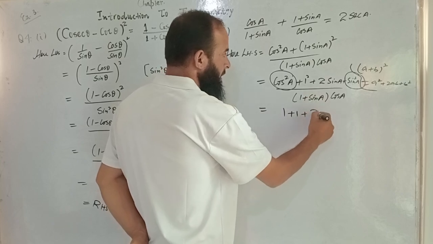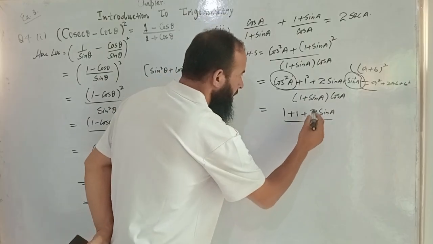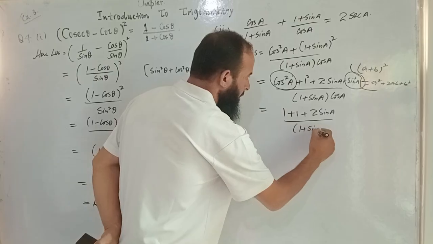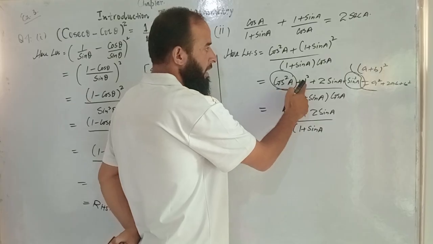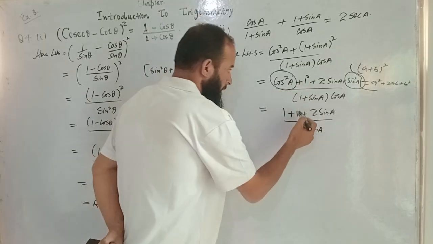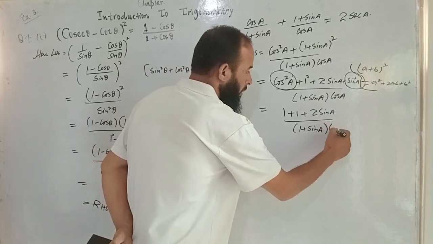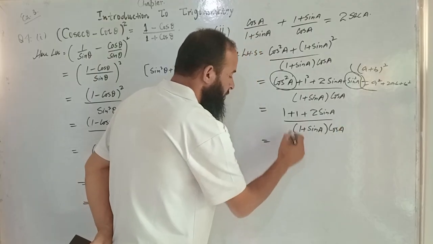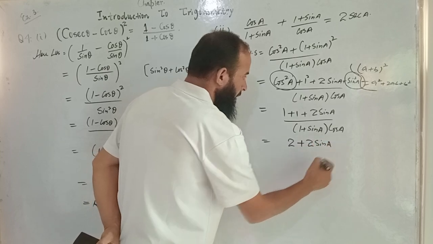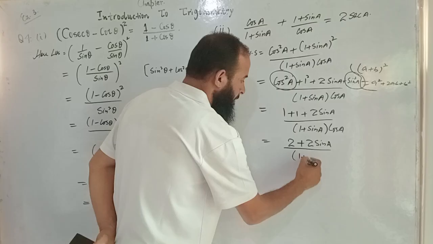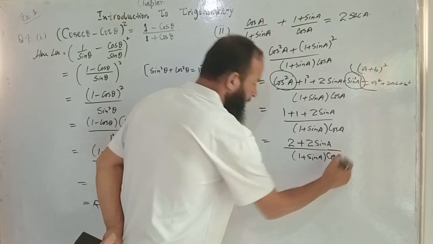Then we have plus twice sin A upon (1 plus sin of A) into cos of A. So 1 plus 1 will be 2, plus twice sin of A, upon (1 plus sin of A) cos of A.